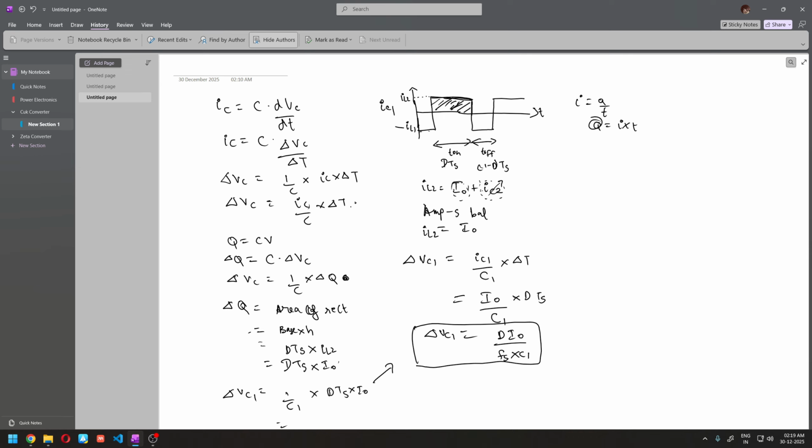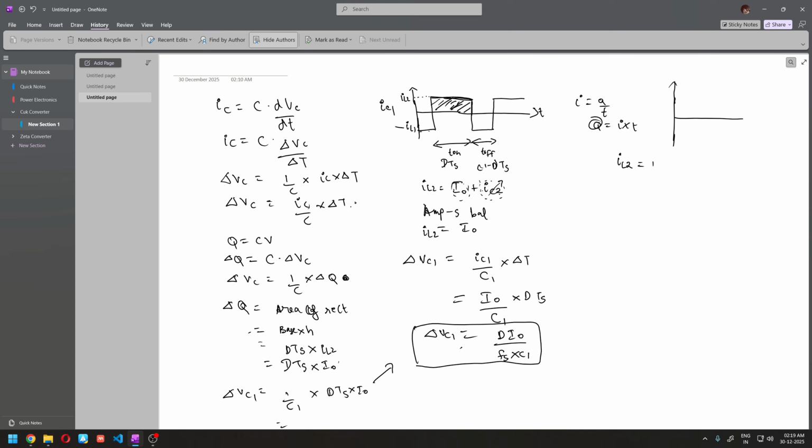Going back to this place, let's now draw the waveform for this, and this is going to be slightly different than how we derived this. We do have to draw the waveform again though. If we just look at IL2, then we know that IL2 is, as I wrote here, the same thing.